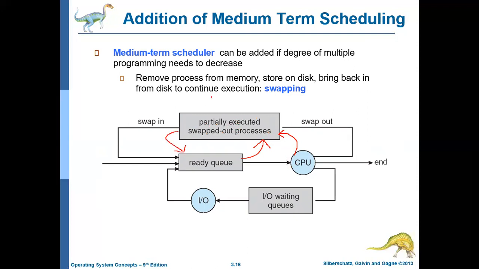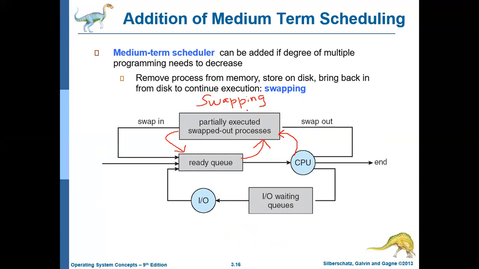This is called swapping: removing a process from memory and storing it on disk, and again bringing it back when it is required. Sometimes your computer gets very slow because of so many processes in the ready queue, so the operating system may decide to swap some processes.